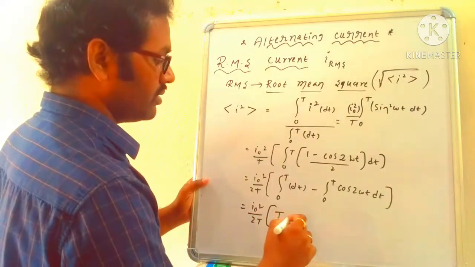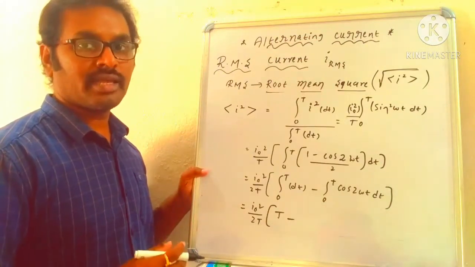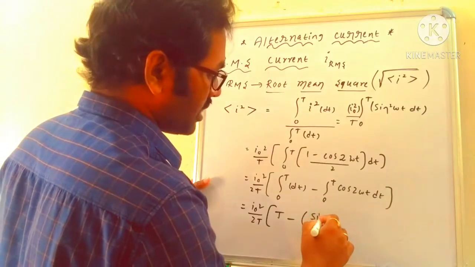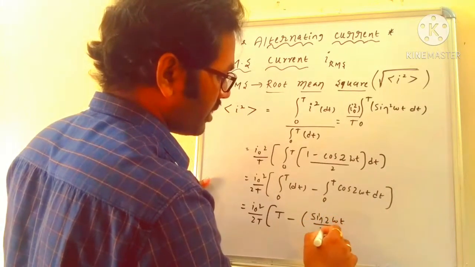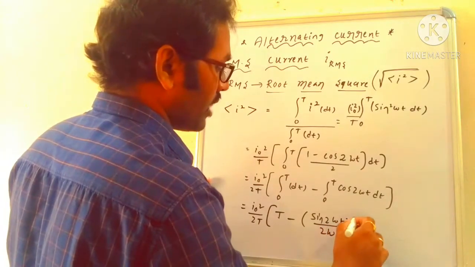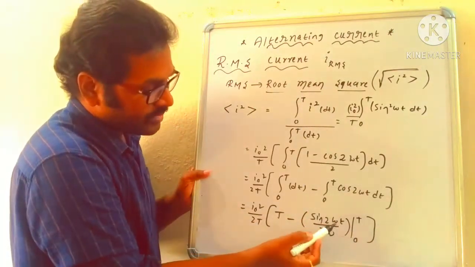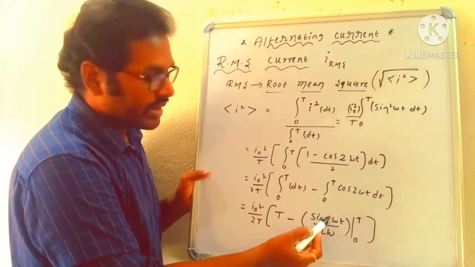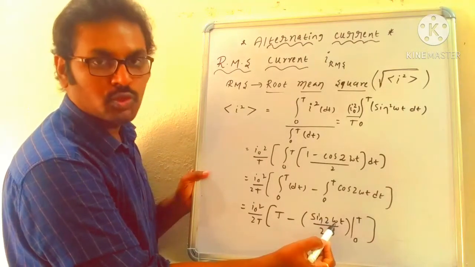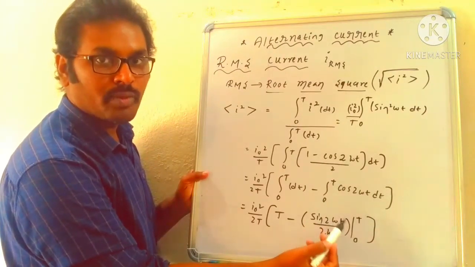You will get here T minus... So what is the integral of cos 2 omega t? It comes as sine 2 omega t divided by 2 omega, between the limits 0 to capital T. Interestingly, if you take omega as 2 pi by capital T, with small t as T, and the T gets cancelled out, you get 4 pi, sine 4 pi.